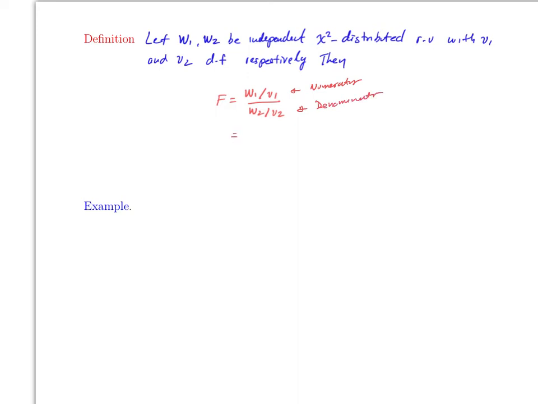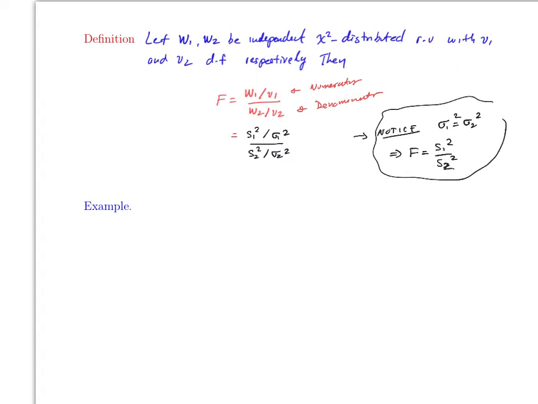If you simplify this a little bit more, this will be S1 squared divided by sigma 1 squared, and this will be S2 squared divided by sigma 2 squared. Notice that if they have the same standard deviation or the same variance, F becomes just S1 squared over S2 squared.